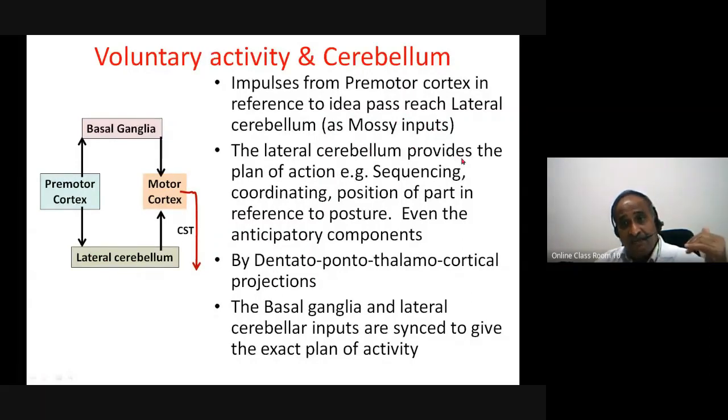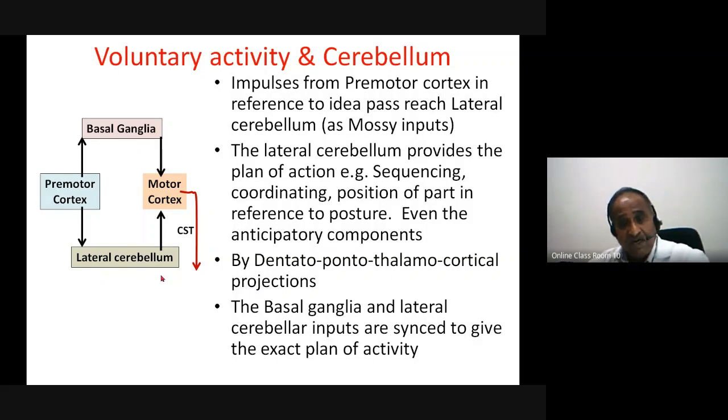The lateral cerebellum provides the plan of action, because as a process of learning, when we are trying to do the motor activity, it will learn what muscles are to be involved, what distal muscles, what axial muscles for each action.